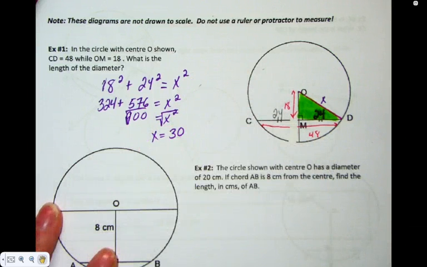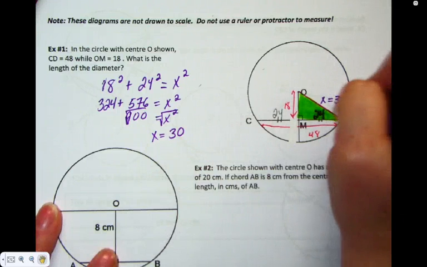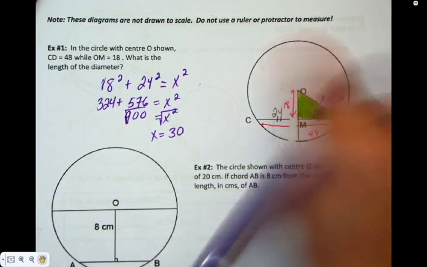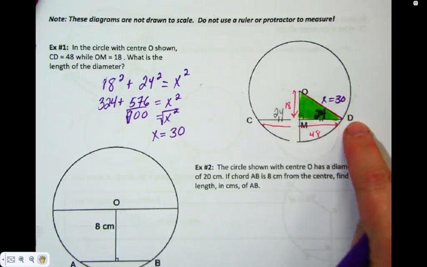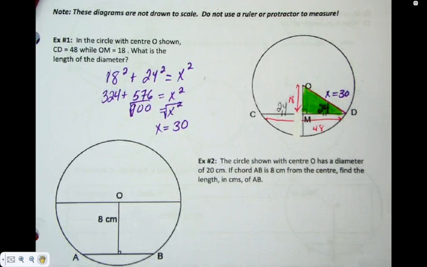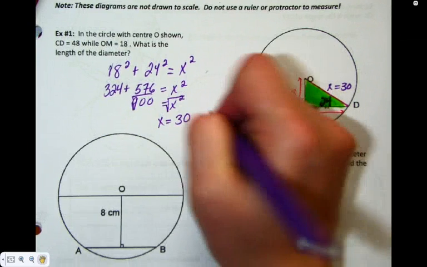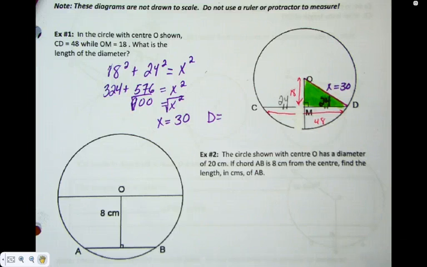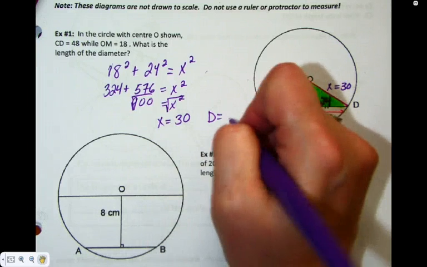Offer of 30? So with this property, if you add in the radius, you'll always be able to find the length of it if you have these other two sides. But did that answer our question? What's the question? What's the diameter? 30 times 2, which will be 60.